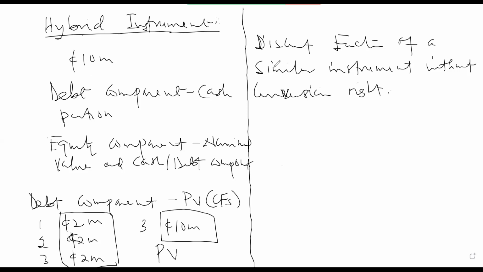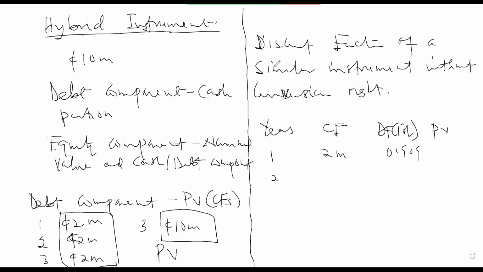So how do we find the discount factor and the cash flows? We have the years, the cash flow, the discount factor, then the present value. Assuming this is 10%, year one will be 2 million, then 0.909.